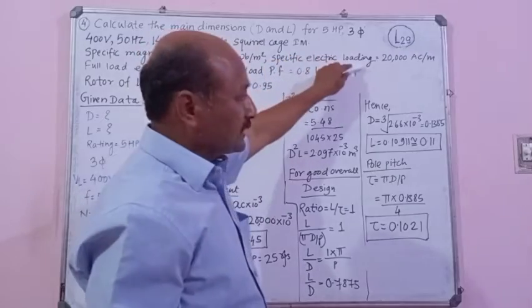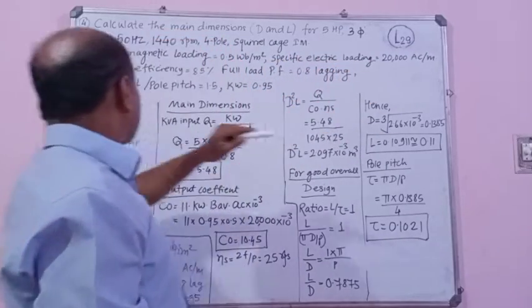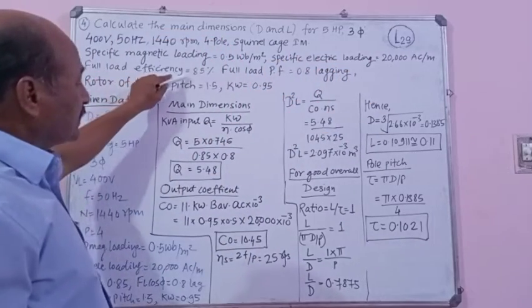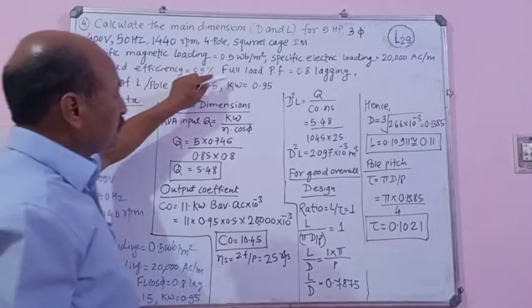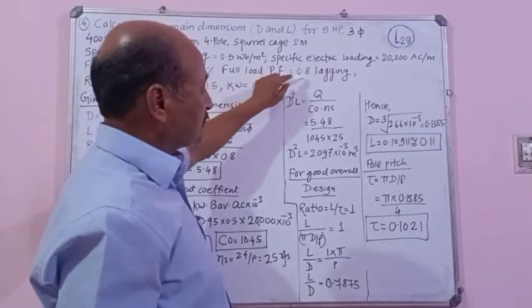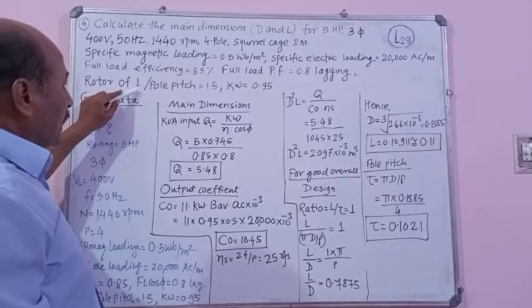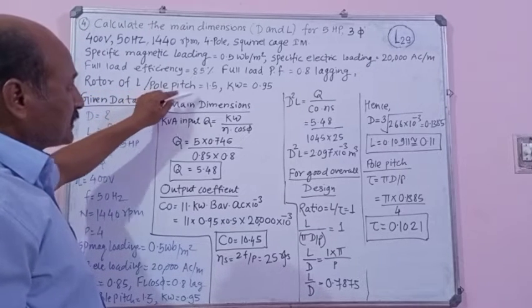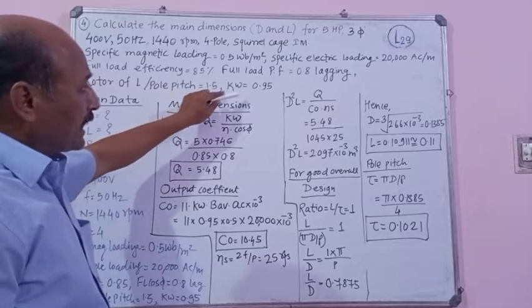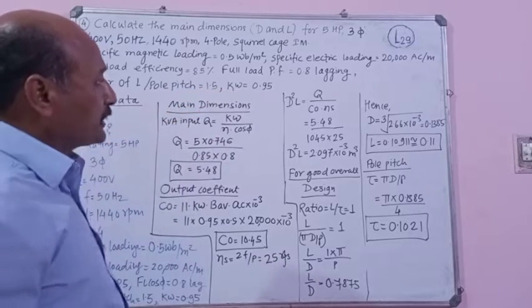Specific electric loading equals 20,000. Full load efficiency equals 85%. Full load power factor equals 0.8 lagging. L divided by pole pitch equals 1.5 and kW equals 0.95.